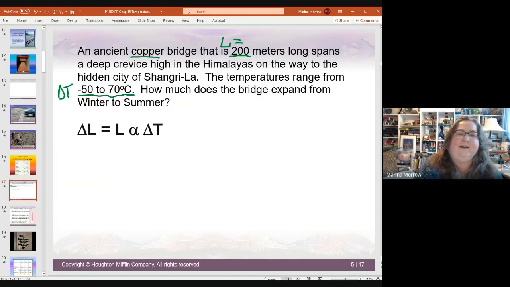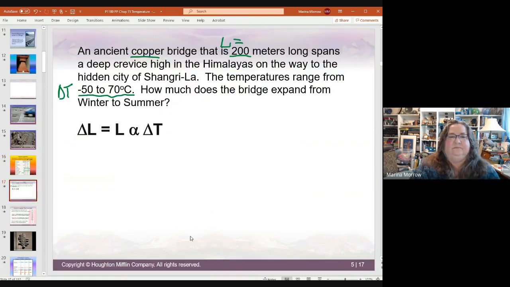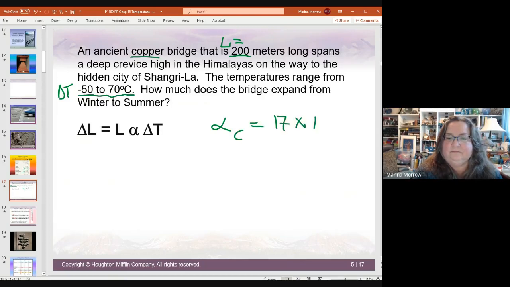Well, this is copper. So let's go get alpha for copper, and it's 17 times 10 to the -6. And that's just per degree Kelvin, but you can use degrees Celsius.